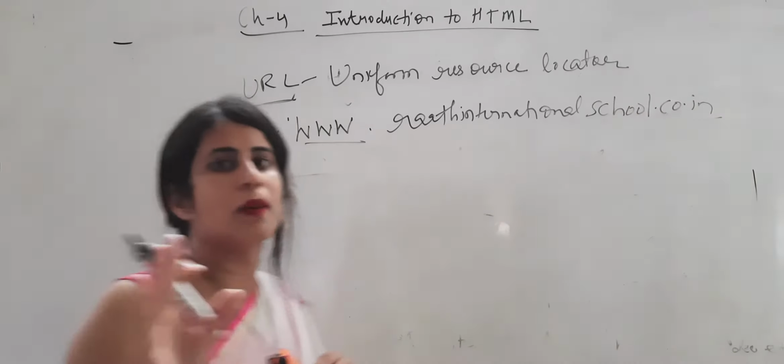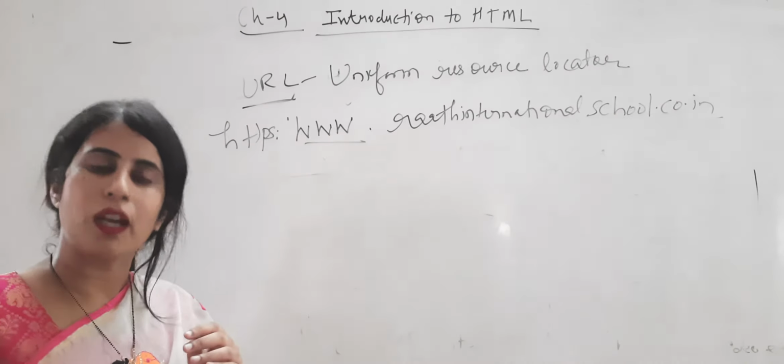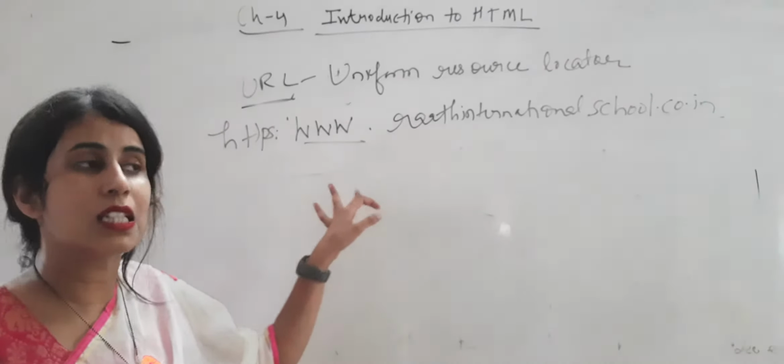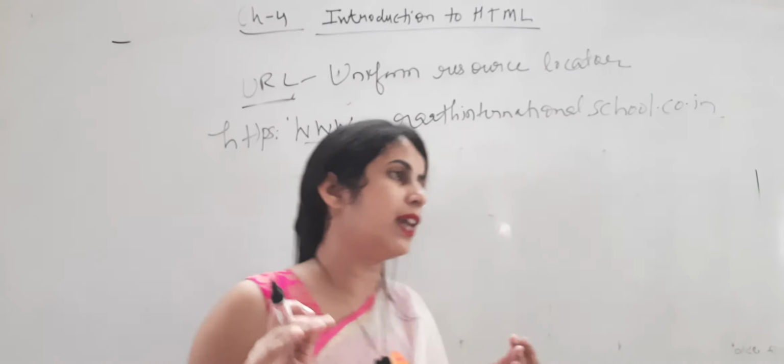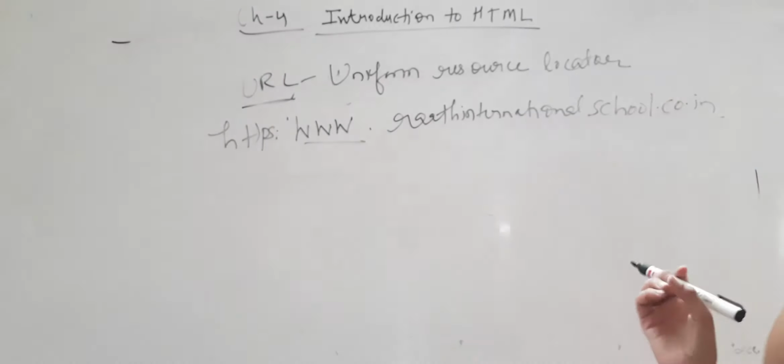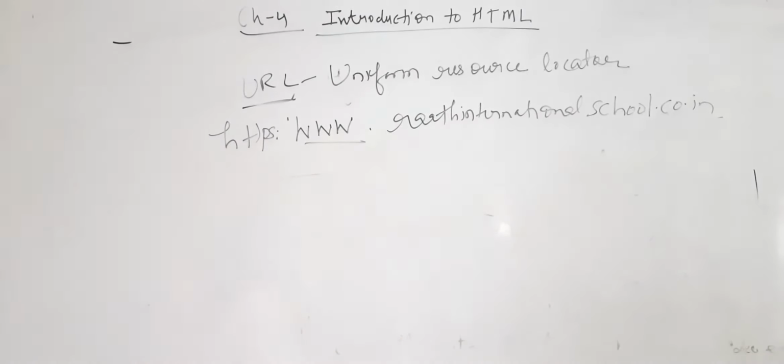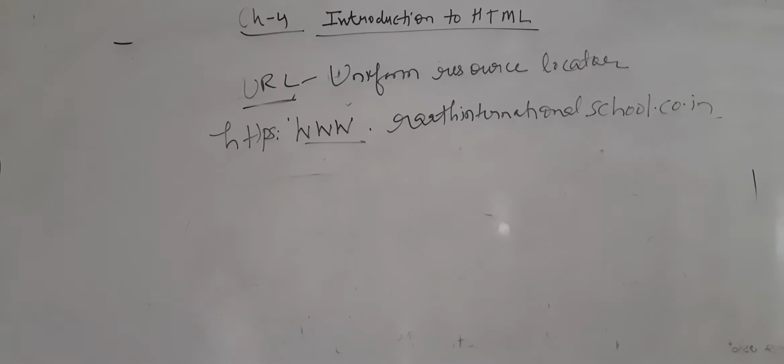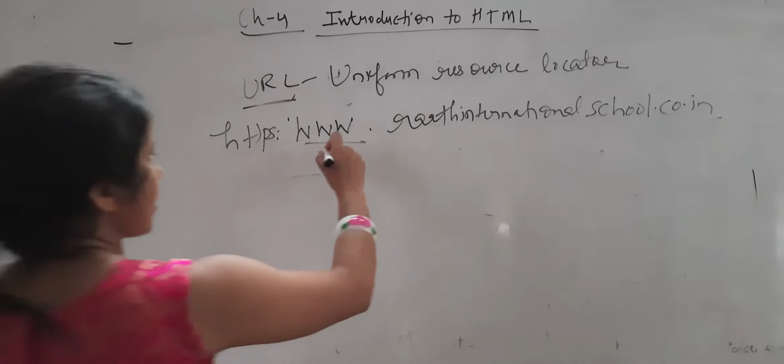It is the complete URL of the website, where we are able to find the data we are asking for: what facilities this school is providing, what score the students of RAT International School achieve every year. All these things you can find here. So it is the address.